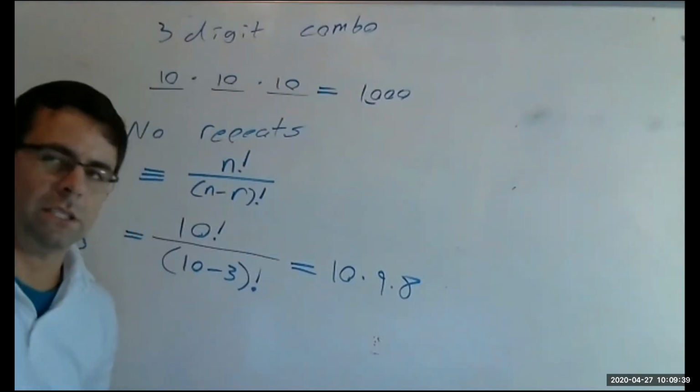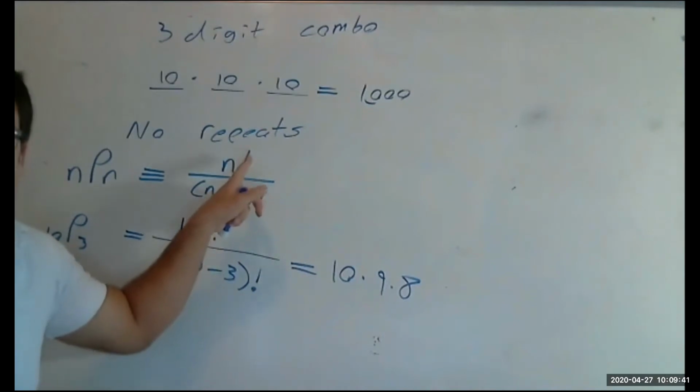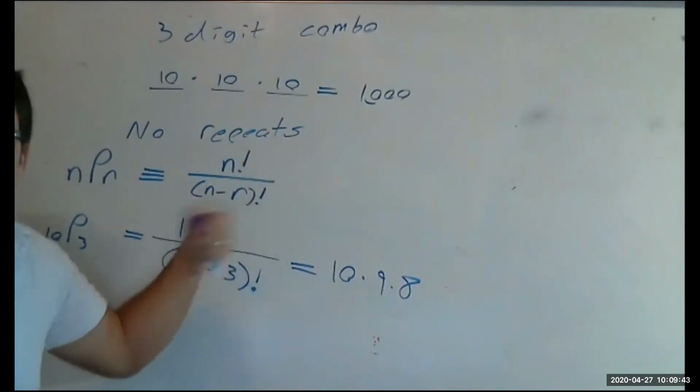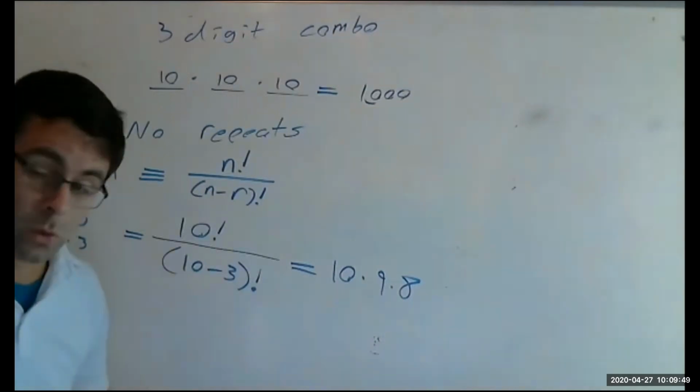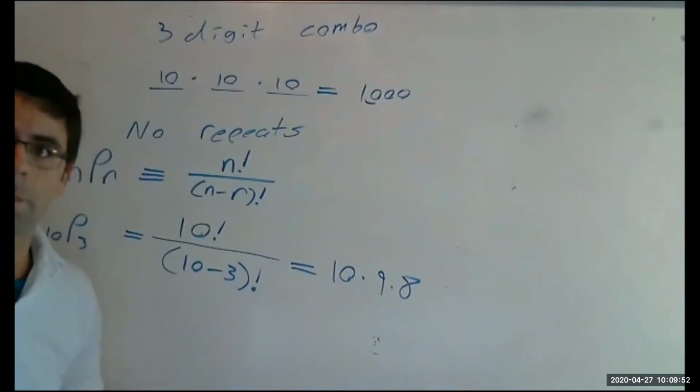A lot of calculators also have the exclamation point. Mine does. You can do the exclamation point on Google, which has a little calculator.